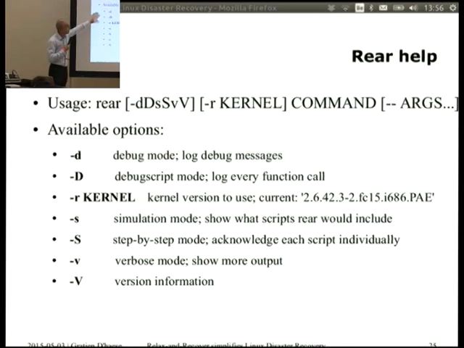A very handy option is debugging, if you want to debug something. The simulation, I will tell you a little bit more about a few moments later. Step by step, that means each function or script will be asked to start. So if you want to debug something, but that's only for experts, and the verbose. And a capital V is the version.